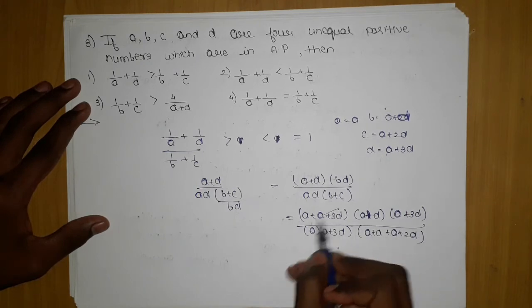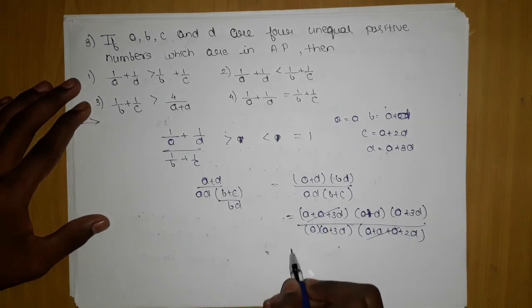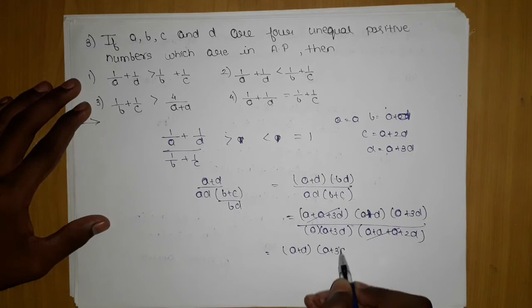We can clearly see these two will cancel out, giving my final answer: (a + d)(a + 3d) upon a(a + 3d).